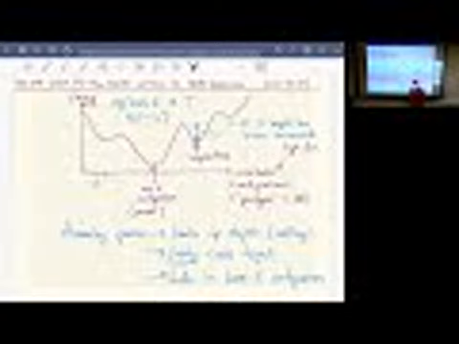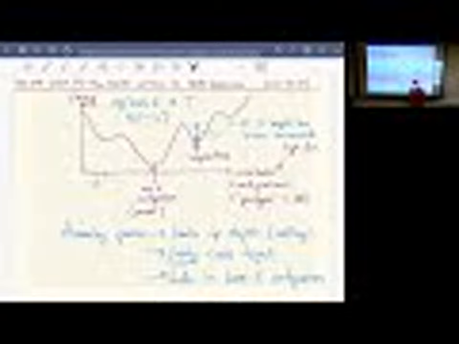So in other words, if the average energy available to the microstates is greater than this height, then you will tend to be able to go over this and find your way into adjacent valleys of this energetic landscape. But if T is very low, if the temperature is very low, then there's not enough energy available and you get stuck inside here, just bouncing around inside this one. So you get trapped in a local minimum.